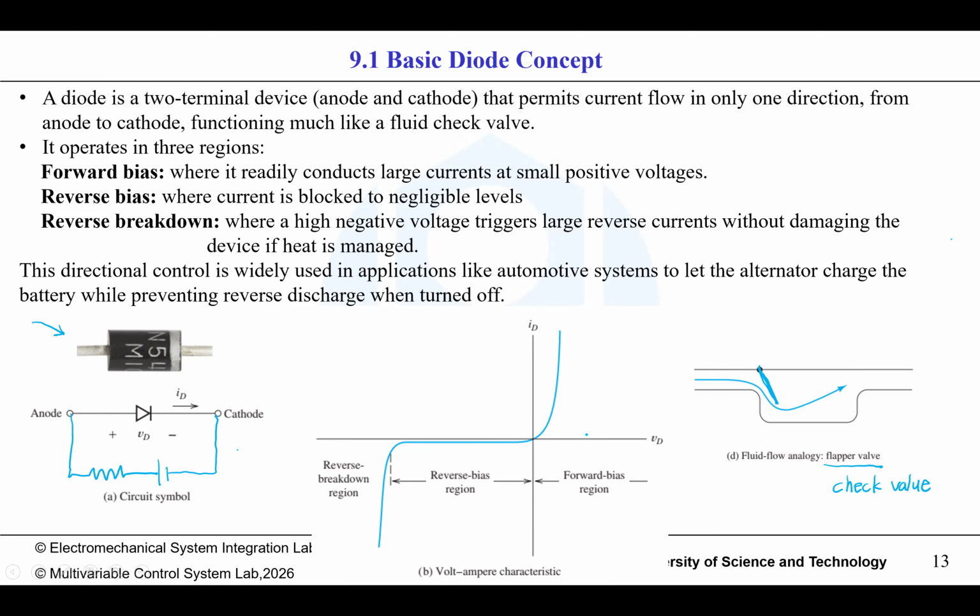If we apply a positive voltage, just like what I draw here, this is positive, this is negative. So we apply a positive voltage to this diode, and at a certain threshold, the current increases largely, and the voltage across the diode remains the same.